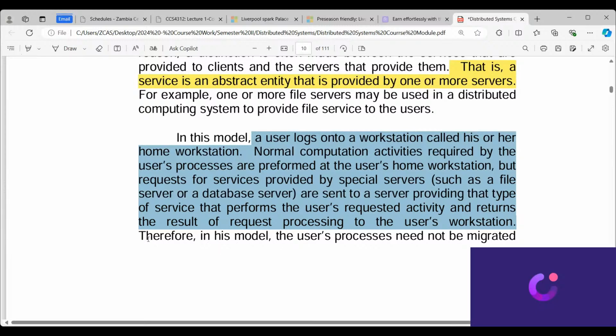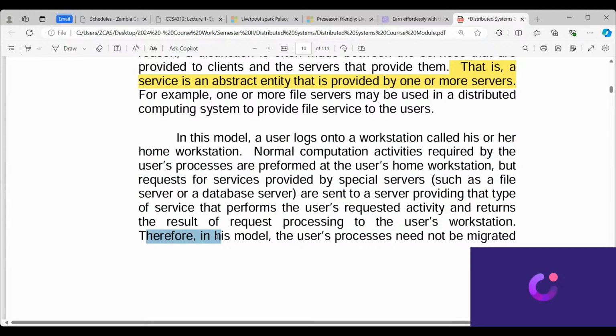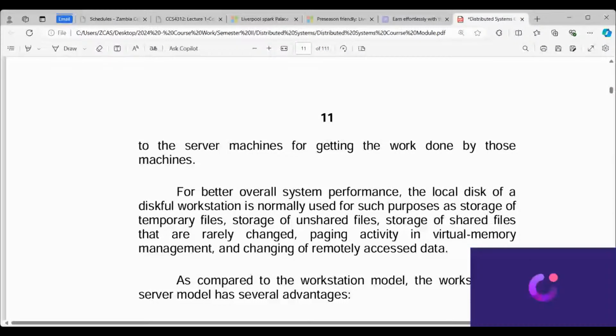Therefore, in this model, the user's processes need not be migrated to the server machine for getting the services.